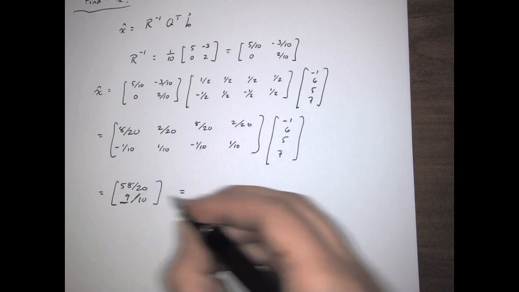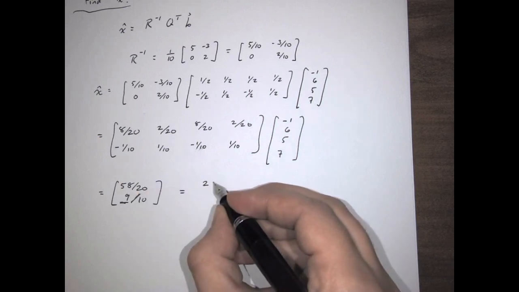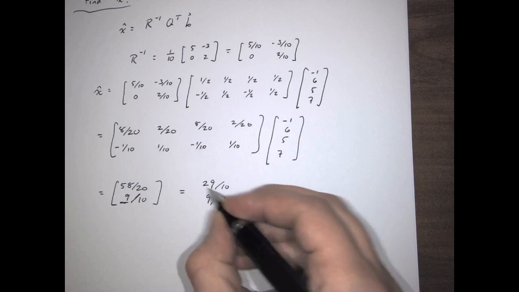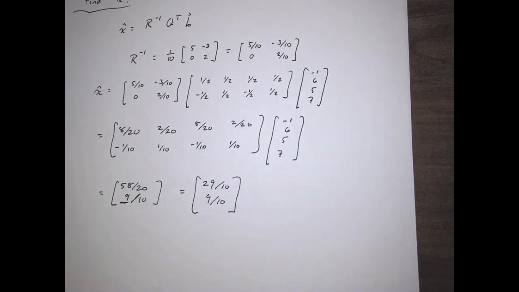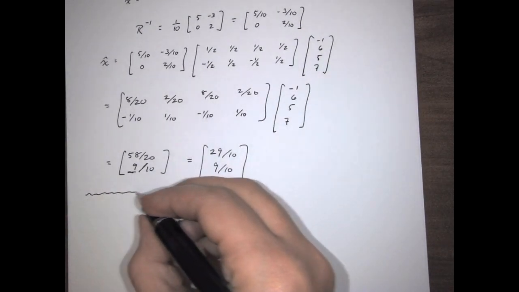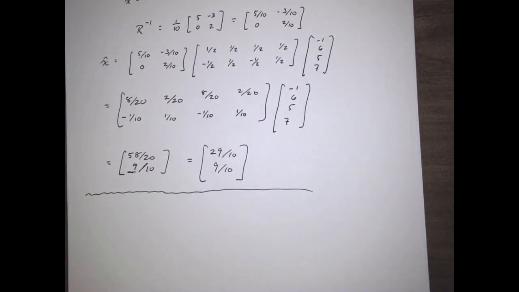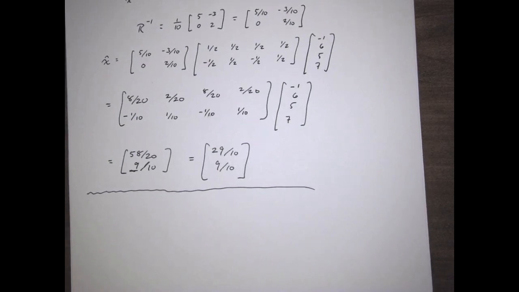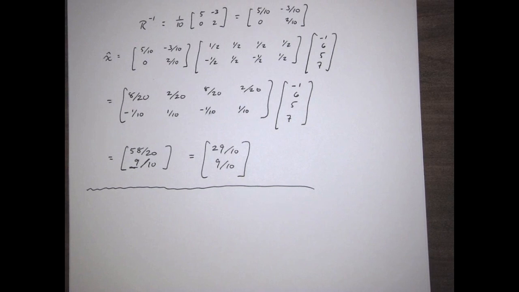And so if we reduce this a little bit, we're going to have 29/10 over 9/10. So that involved admittedly tedious computations of matrix products, but no fancy solving of any kind.